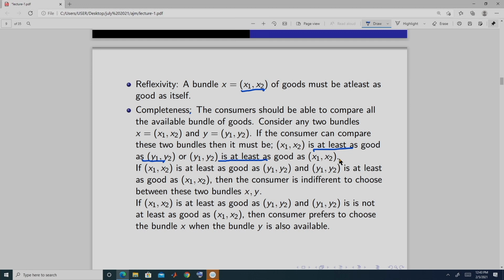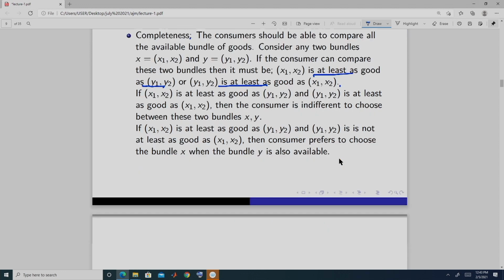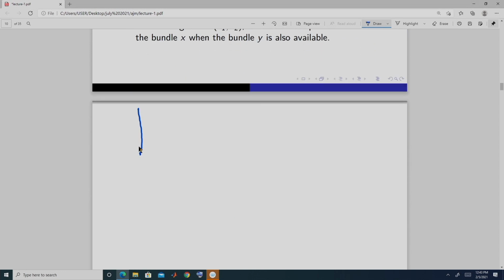So suppose this is good 1, this is good 2, this point is x and this point is y.